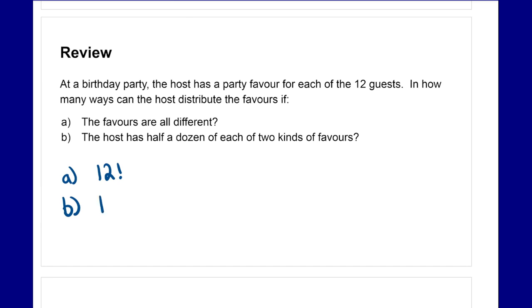So in this case, it'd be 12 factorial, but I have to divide by 6 factorial times 6 factorial, because I have 6 of type A and 6 of type B, or identical favors, so I wouldn't notice the difference.